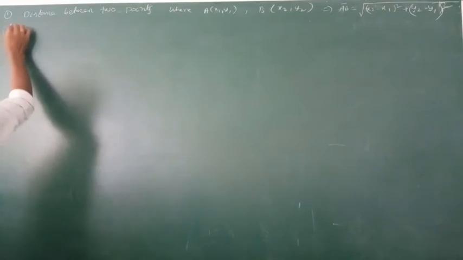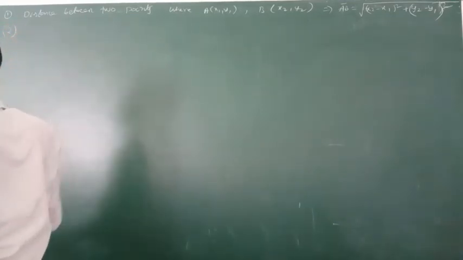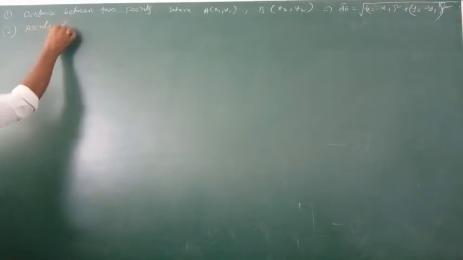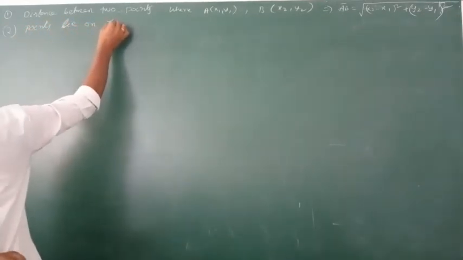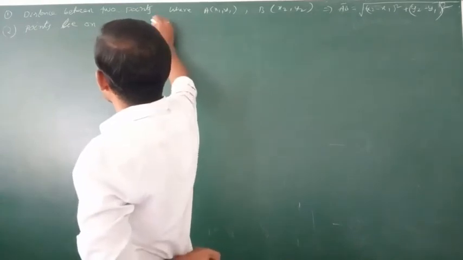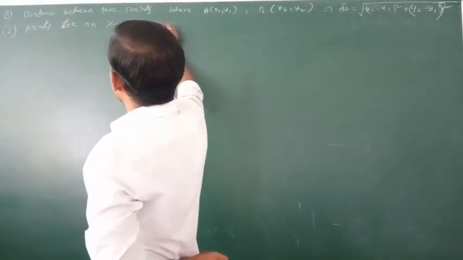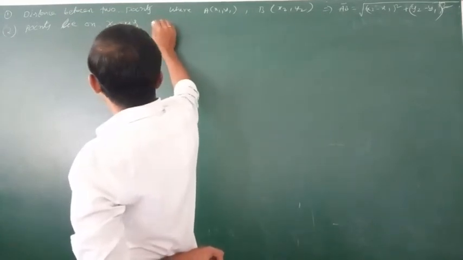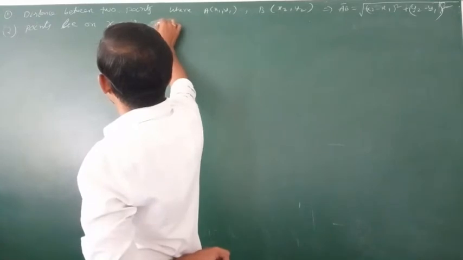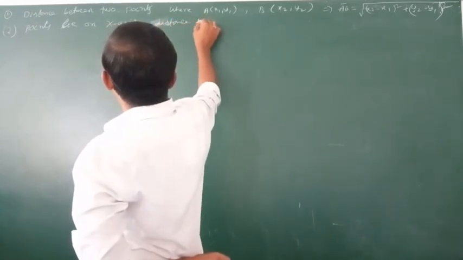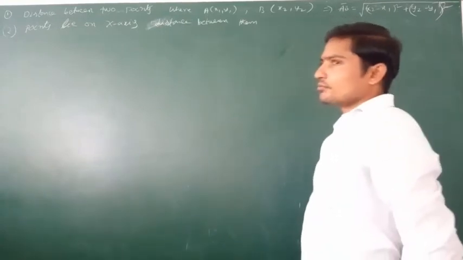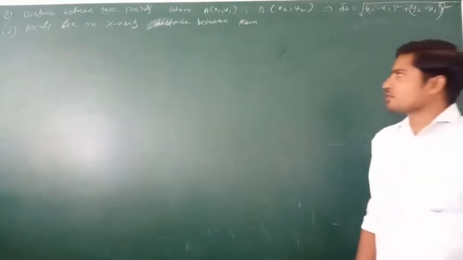Second one, if points lie on the x-axis, then the distance between them is the absolute value of the difference of their x coordinates.